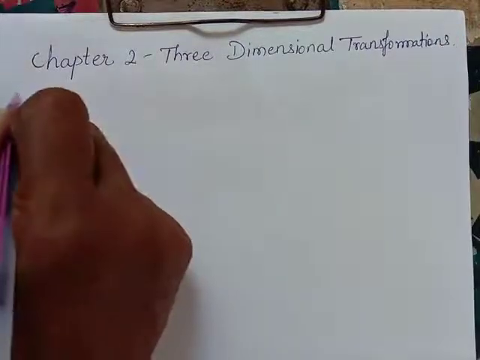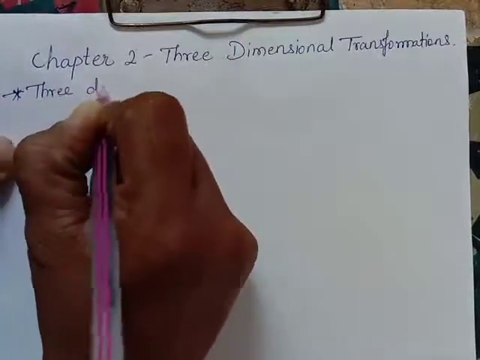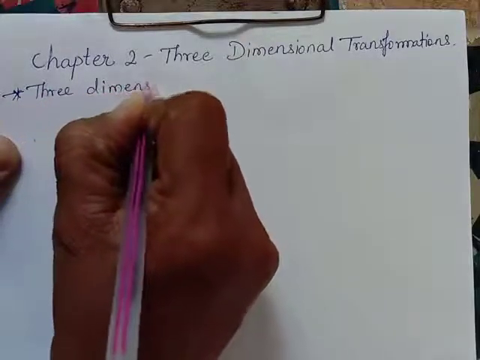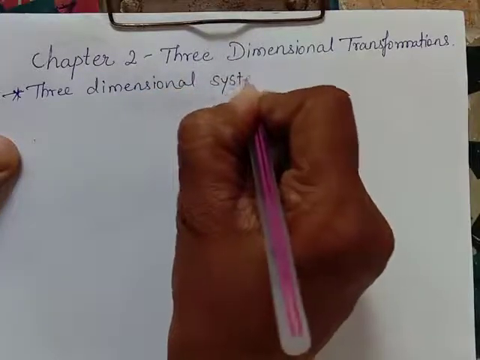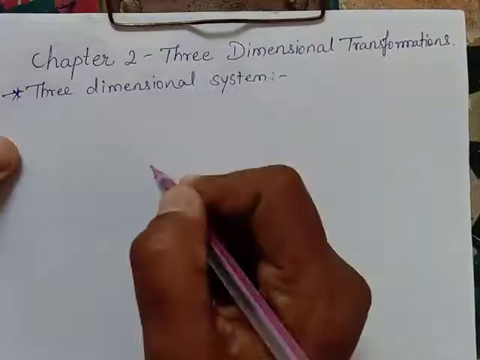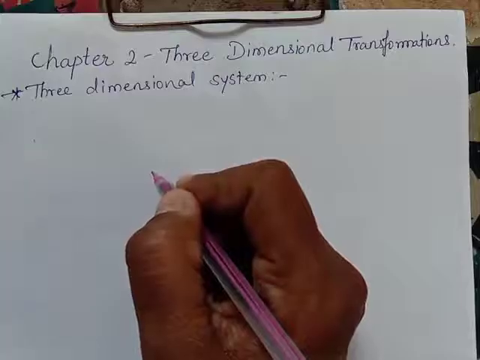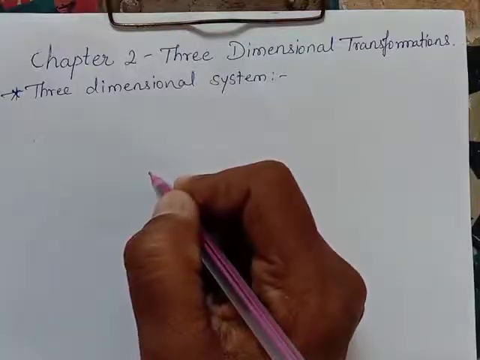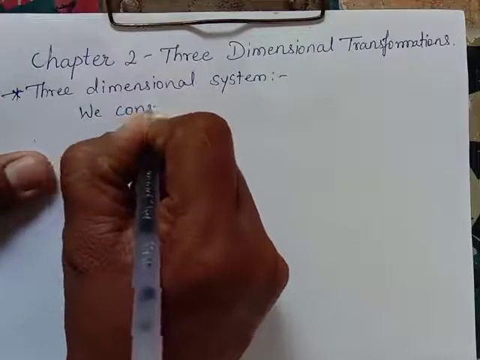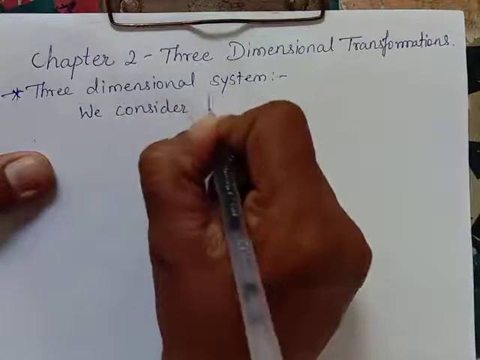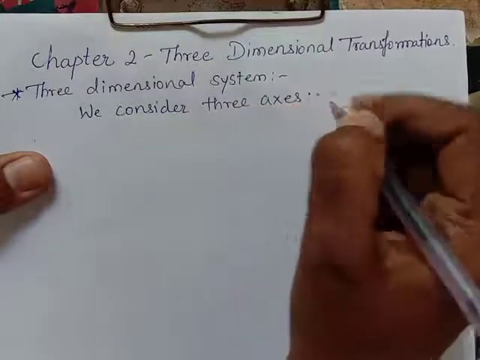First of all, what is a three-dimensional system? In three-dimensional geometry, we need the third axis to specify the coordinates of any point, right? So here we consider three axes. Which are they?